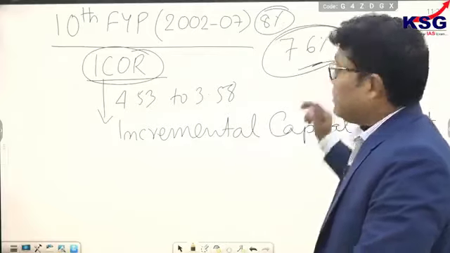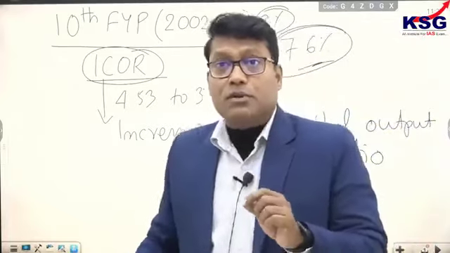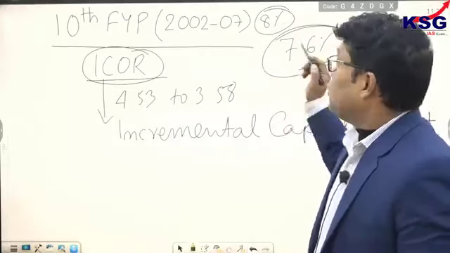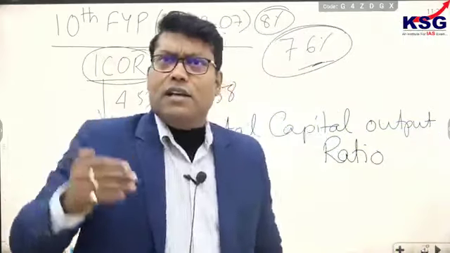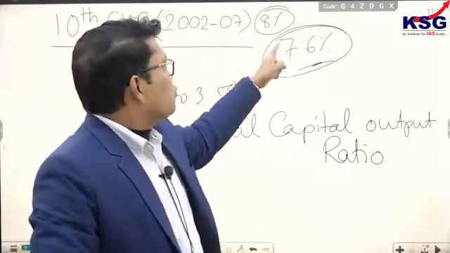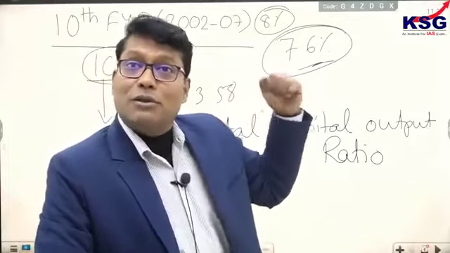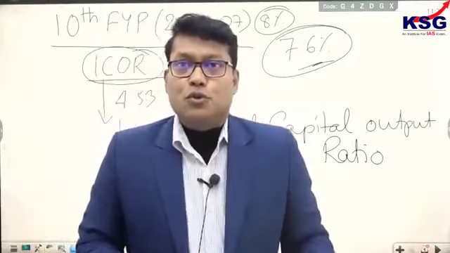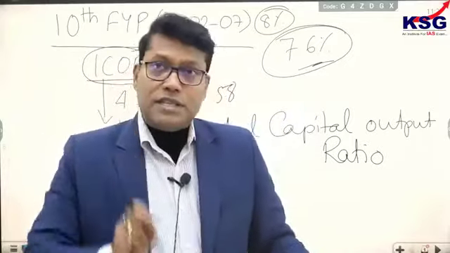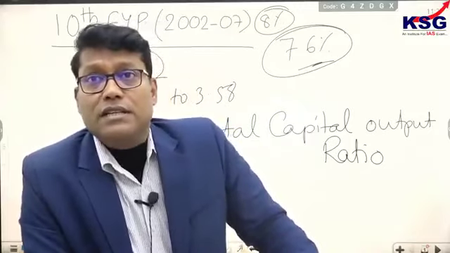You already achieved 7.6%, so you are approaching 8%. Next year you are definitely going to put a higher growth rate, because you already achieved this. This is how it works. So in the 10th 5-year plan you had already achieved a high economic growth rate.